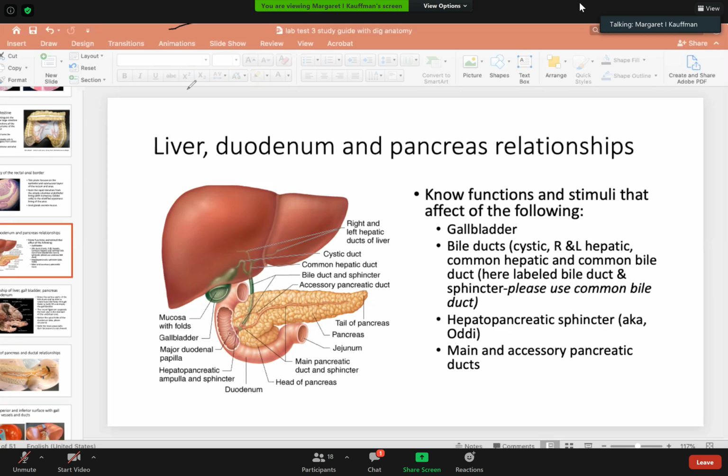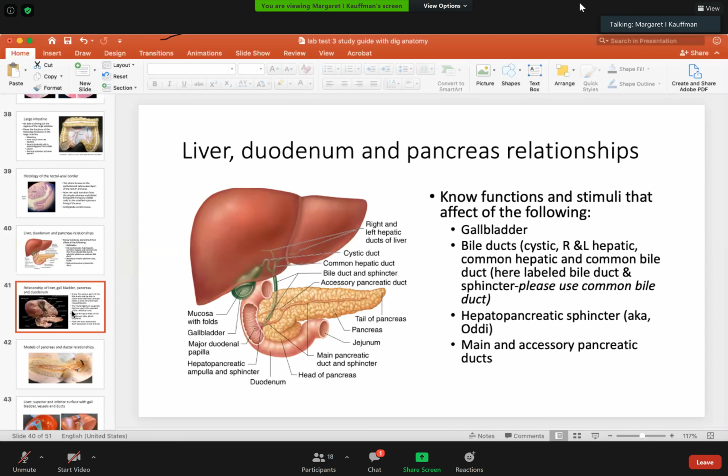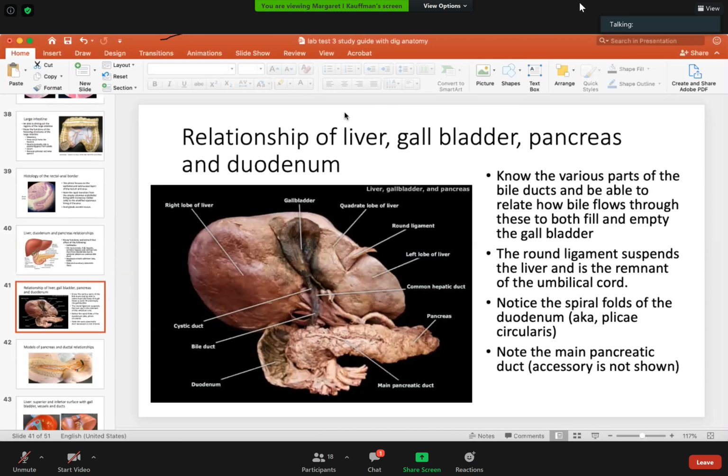Okay, so some of that, we're going to take a look at the models again in the cadaver here. So here we have the gallbladder and the cystic duct coming down. And I probably in this figure couldn't tell you where the common bile duct began and the hepatic duct. I don't see them here.